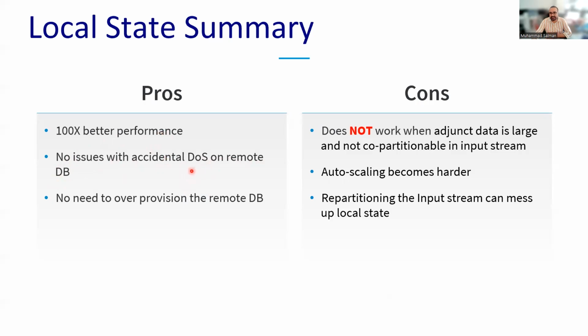So if there is any remote database error occurring, it does not depend on that, and it does not need to over-provision the remote database, because there would otherwise be certain latency to go to the remote database and access it. What are the cons? When the data is very large, the input is not partitionable, and this does not work. Auto scaling also becomes very hard, and repartitioning the input system can mess up the local states.